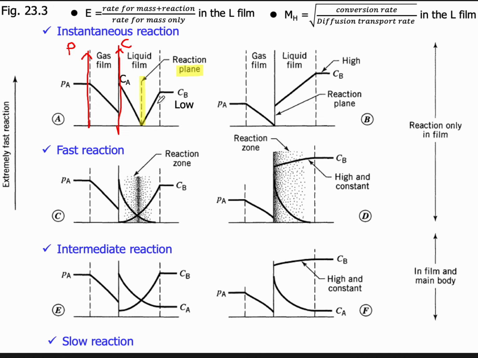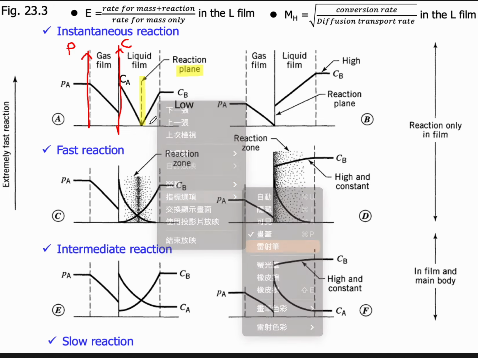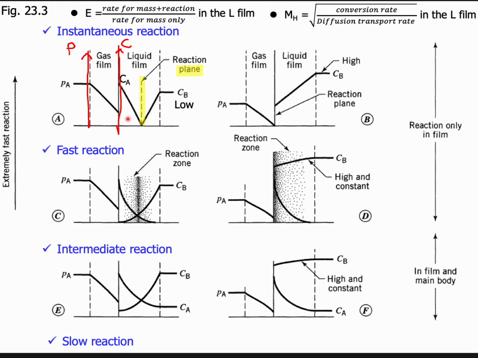So different units for the y-axis. Now this is an instantaneous chemical reaction, meaning A meets B and they generate product immediately. It's very fast compared to mass transport. The reaction is very fast, so you get a reaction plane.